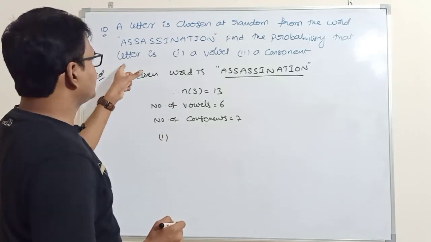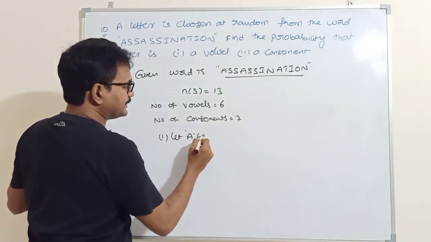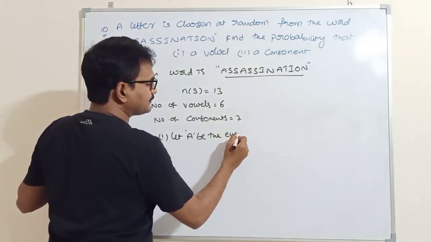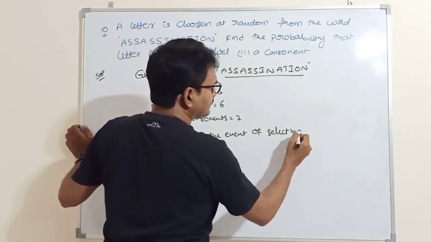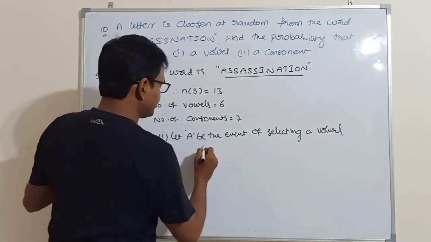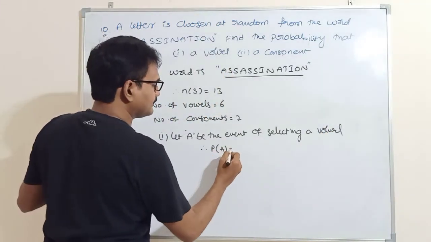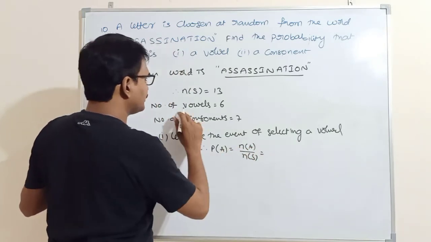What is the first question? Probability that the letter is a vowel. Let A be the event of selecting a vowel. Therefore, P of A is equal to N of A by N of S. How many vowels are there?